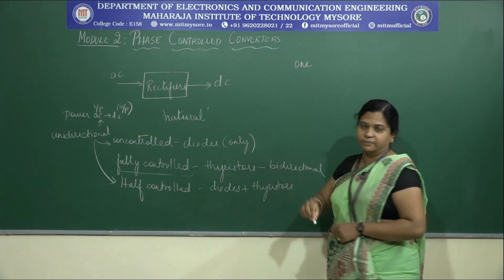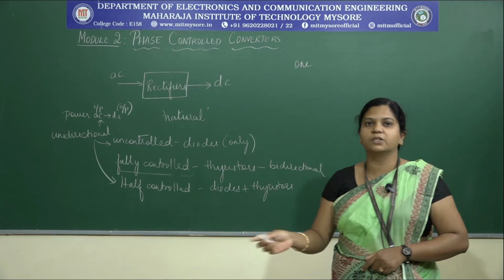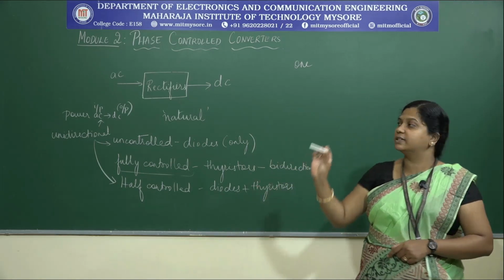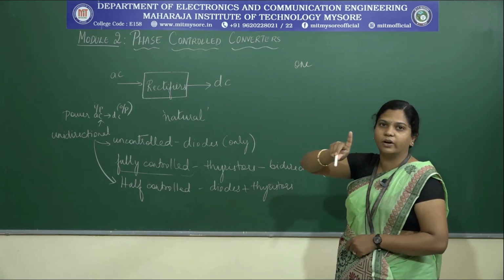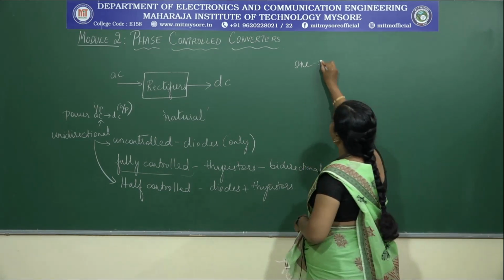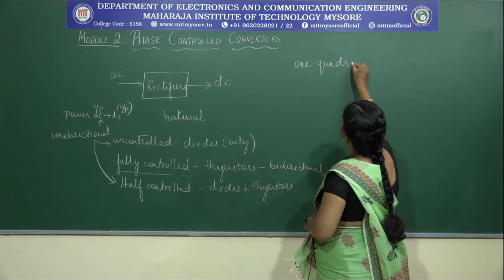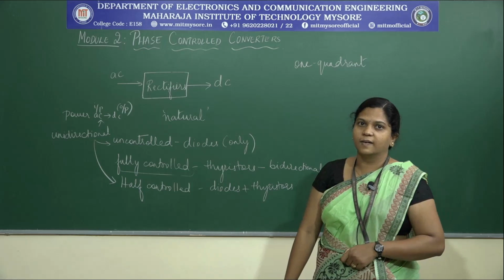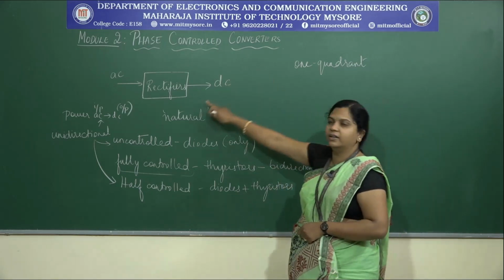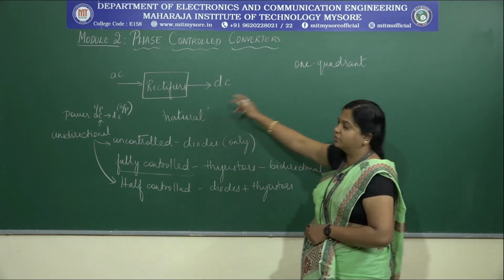If the output voltage is positive and the output current is also positive, the operation takes place within one quadrant. Such converters are known as single quadrant converters. Here converters is nothing but the rectifiers we are referring to.